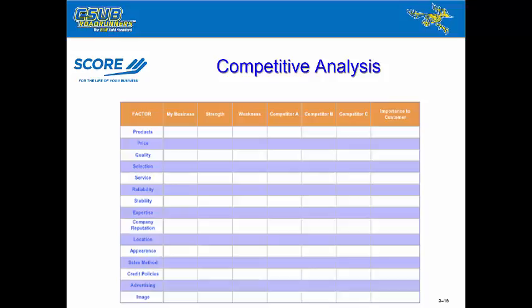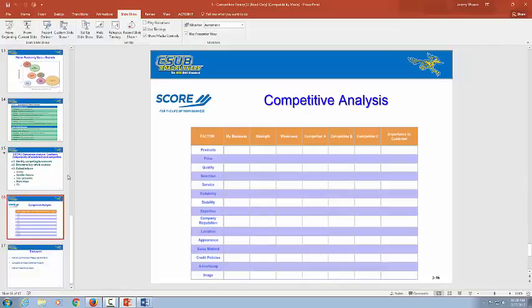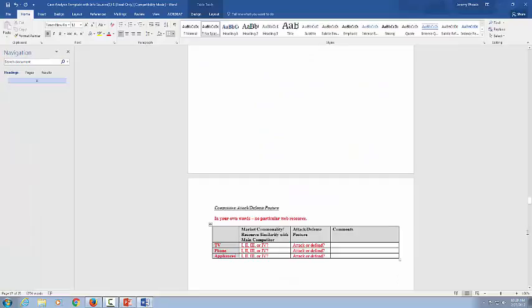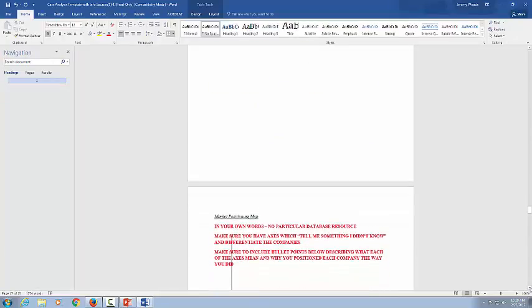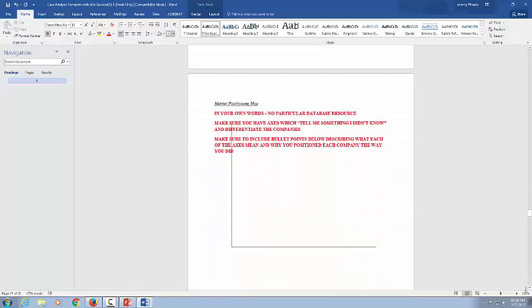What I want you to do in the case analysis template is a market positioning map. So I want you, in your own words, to choose two axes that you can compare your focus company and one of their competitors on. Put the competitors, your company and the competitor, wherever they belong on this map.